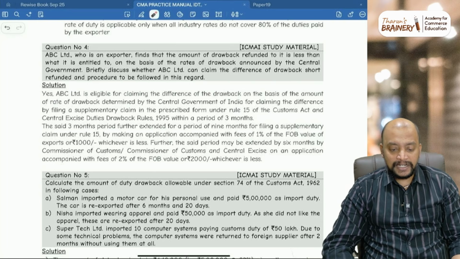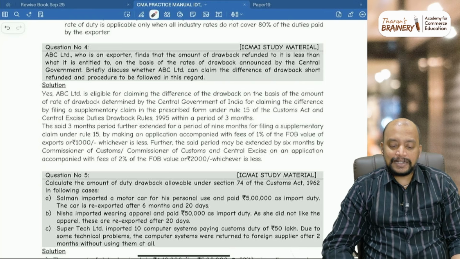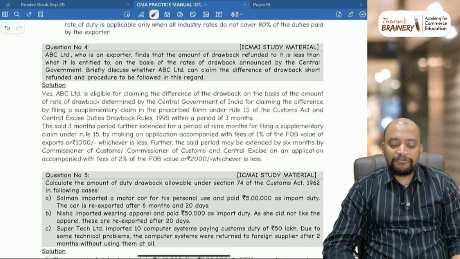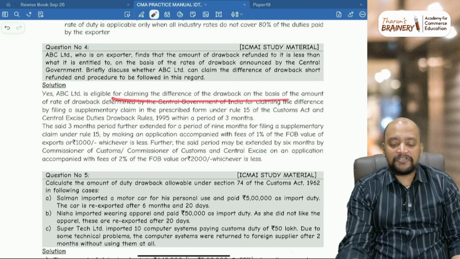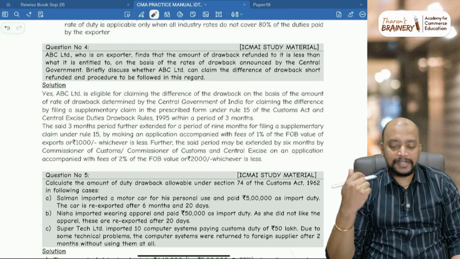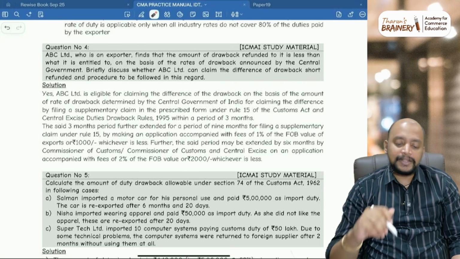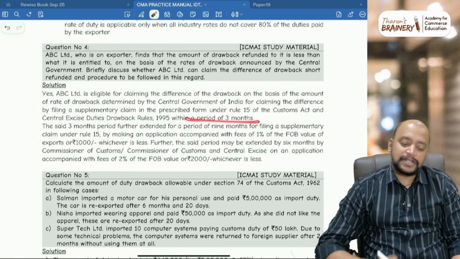Briefly discuss whether ABC Limited can claim the difference of duty drawback short refunded and the procedure to be followed in this regard. See, in this case, they need to go for refund. ABC is eligible for claiming the difference of the duty drawback on the basis of the rate of duty drawback, and they have to do it within a period of 3 months.